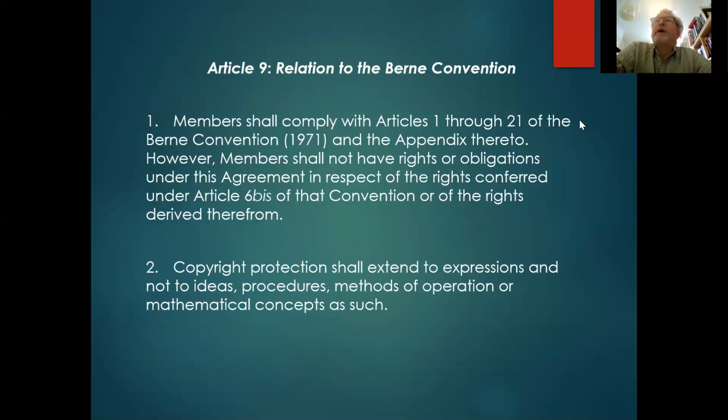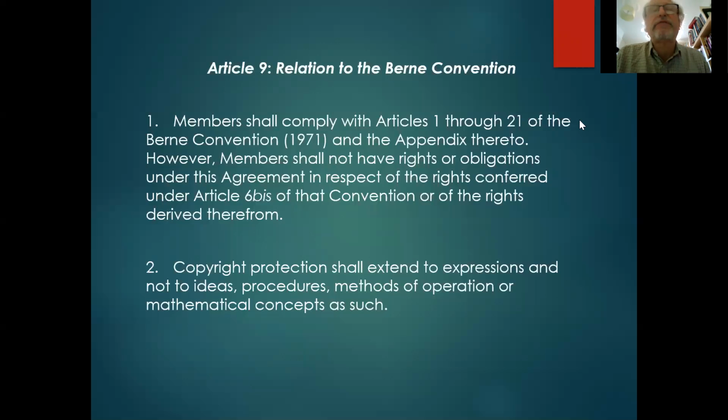Article 6 bis is about the moral rights of authors, the right of attribution, the right to be named the author of your work, and the right of integrity, the right not to have your work distorted or spoilt by somebody else in a way that would affect your honor or your reputation. Why?